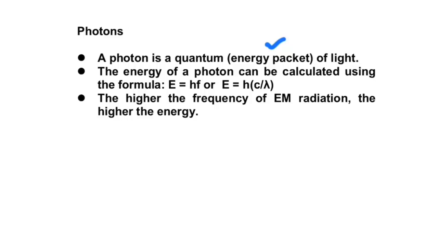The next bullet point: the energy of a photon can be calculated using the formula energy is equal to h multiplied by the frequency. But we know that the frequency, well, let me show you. We know that the speed of light is equal to frequency multiplied by wavelength. If we make frequency the subject of the formula here, we get the frequency being equal to the speed of light divided by wavelength.